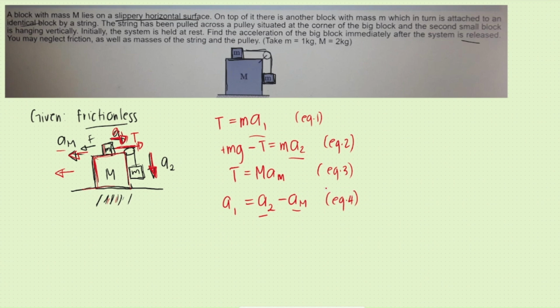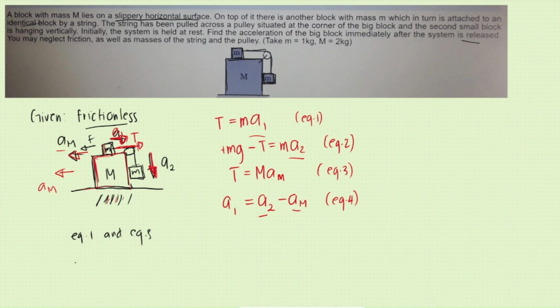Let's now solve for, what we are actually looking for is A_M, right? So we'll solve for A_M using these four equations. Let's first solve using equation 1 and equation 3. Equation 1 is T equals m A1, and equation 3 is T equals large M A_M.